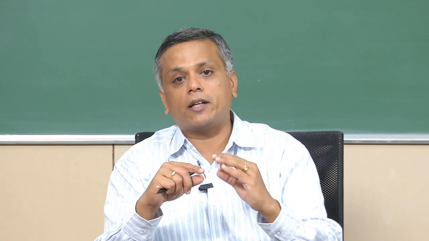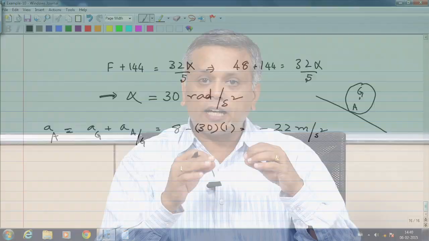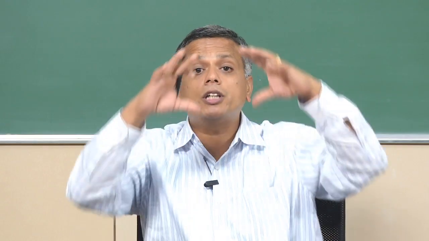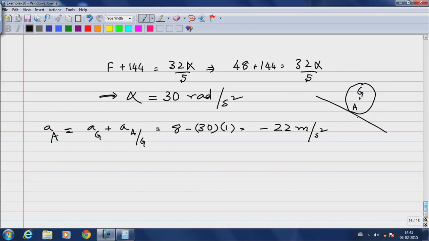The bottom line, I want you to appreciate the action of friction. Friction at any point is not opposing motion as a whole, it is not opposing the motion of the center of mass. In fact, in this particular problem the friction is acting down with a magnitude of 48 newtons and the cylinder is also moving down at an acceleration of 8 meters per second squared.